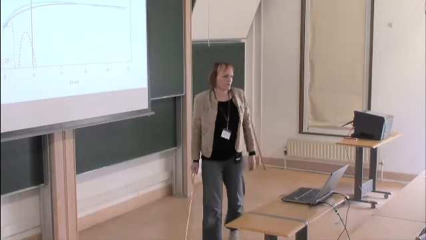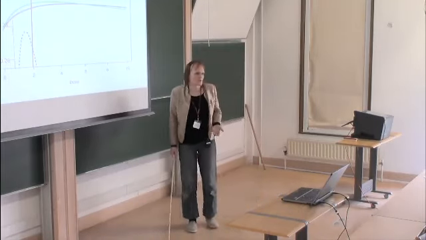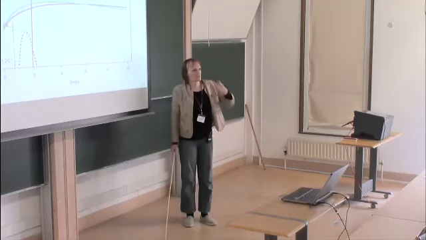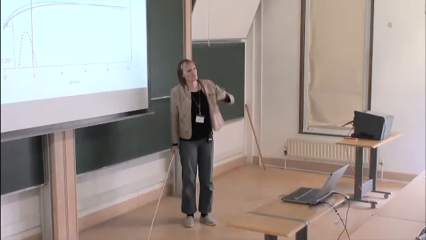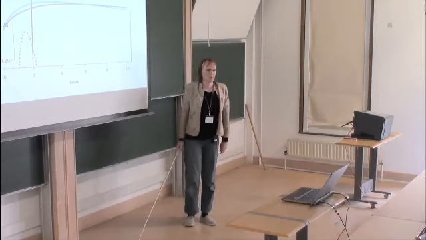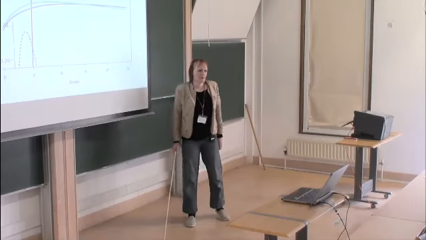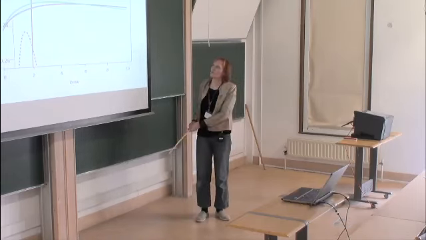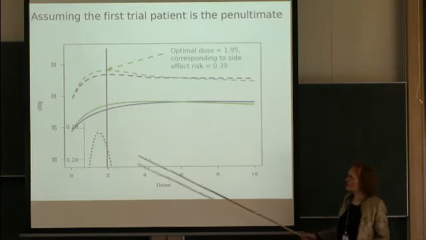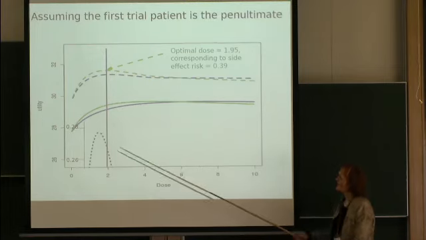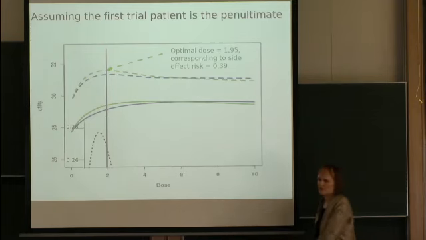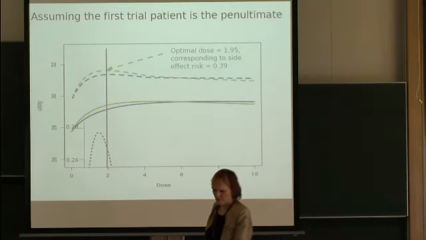Now, this was just a heuristic assumption that the patient under consideration was the last trial patient, and it then gets into clinical practice immediately. What if we instead make the assumption that the patient under consideration is the penultimate? Well, then the conflicts of interest become much less severe. That looks good. It's a little confusing.